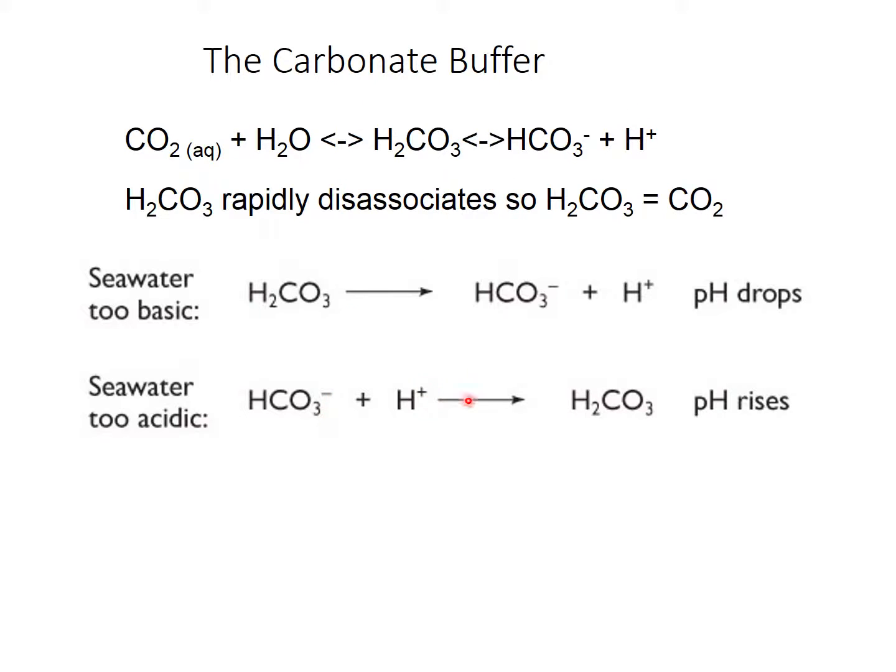If we added acids to the ocean, it would start to drive the equilibria towards the left-hand side, because we're adding in stuff that's on the right-hand side. So if we try to acidify the ocean just by adding hydrogen ions, we change the relative proportions of the CO2 species, and that would counteract the change in pH. So just with the dissolved species, there is a buffering of pH change.